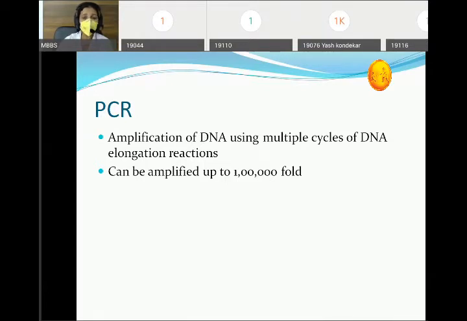It means from one DNA you can make thousands or lakhs of DNA, which you can treat by another technique and diagnose whether it is of the required type or not. So there are numerous uses of this technique that we will study. First, we will study how this PCR works.